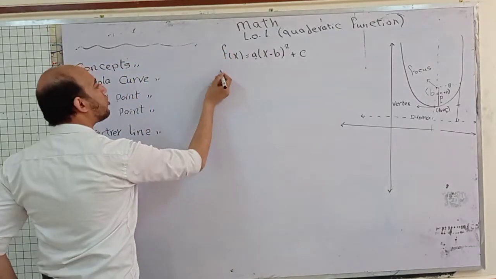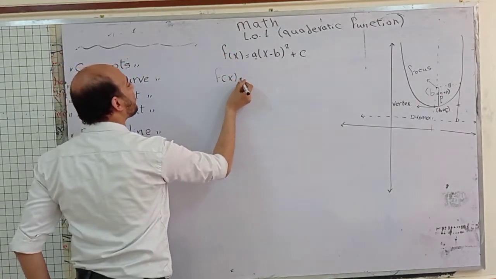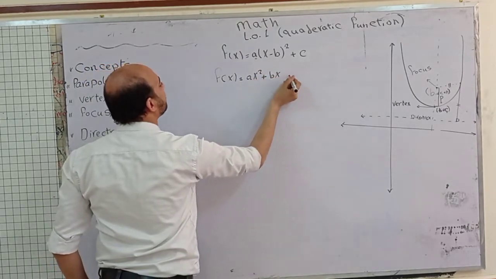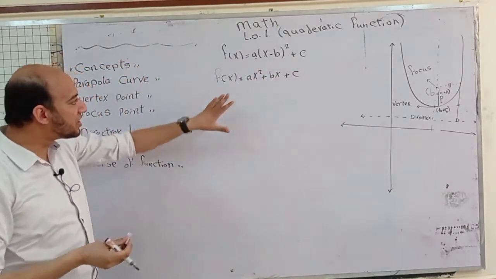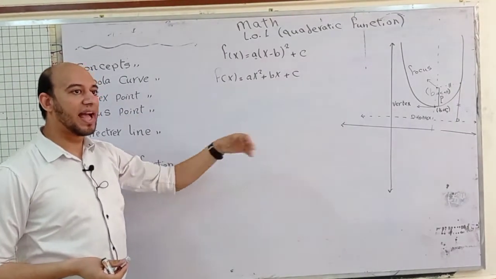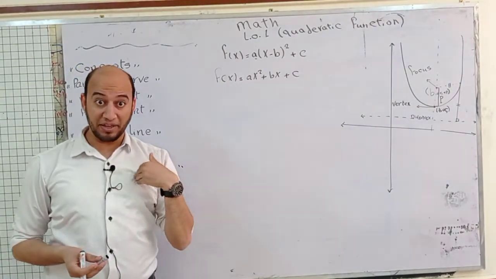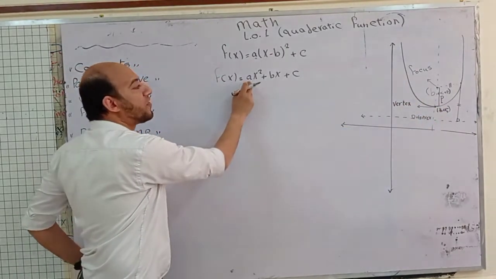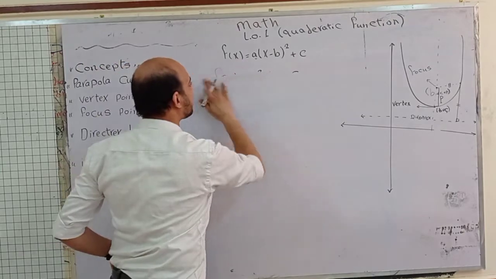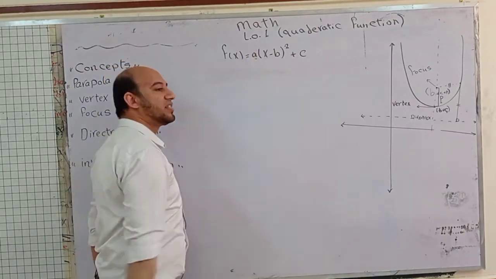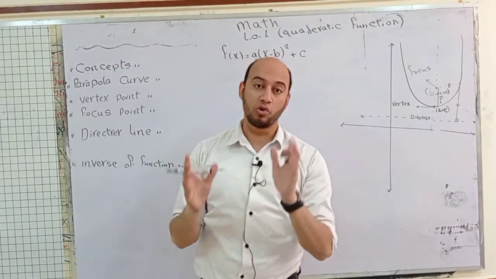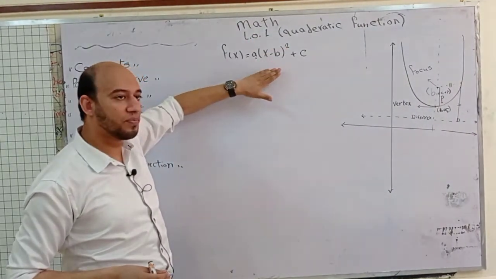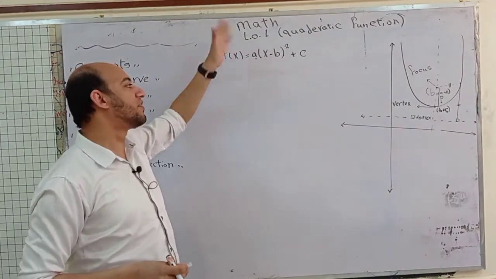We also know the standard form f of x equals ax squared plus bx plus c. This is a different form, and the a I mean depends on the coefficient in the vertex form, because we can convert the standard form to the vertex form.